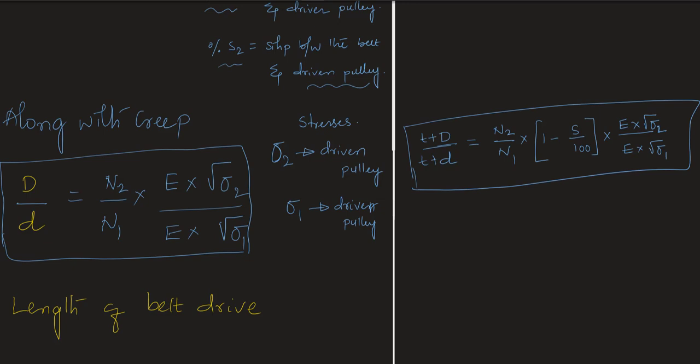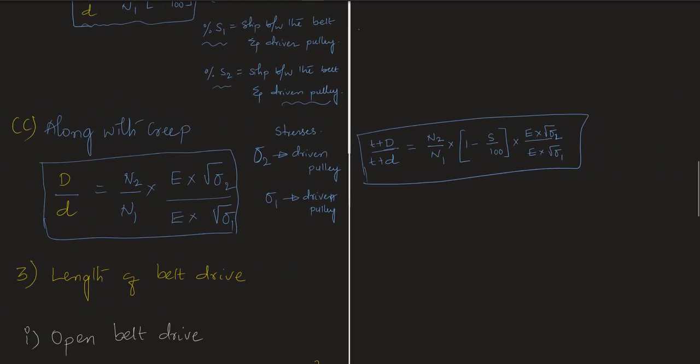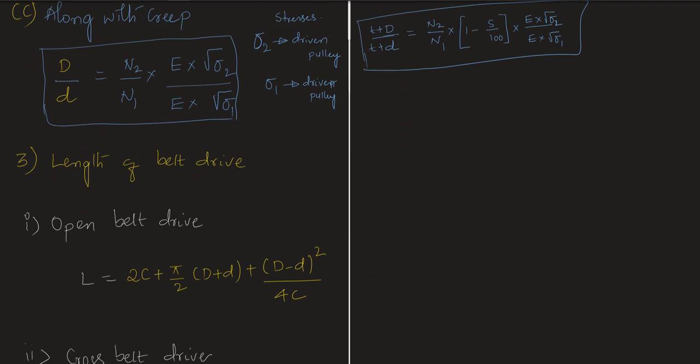So this is the overall formula of velocity ratio, when you consider the thickness of the belt, the slip between belt and pulleys, and also the stresses induced due to creep. Now the next formula is the length of a belt drive.